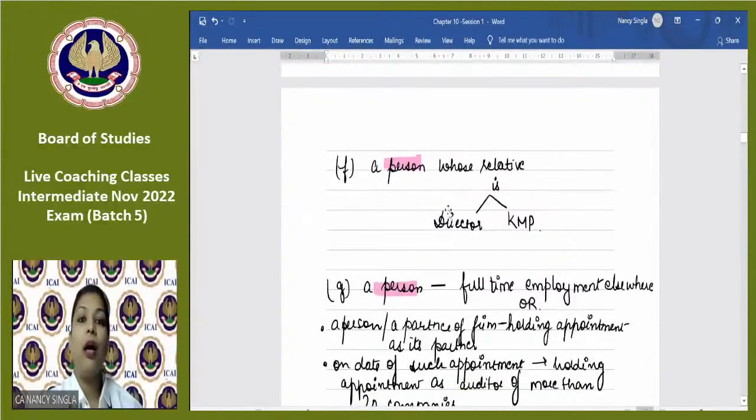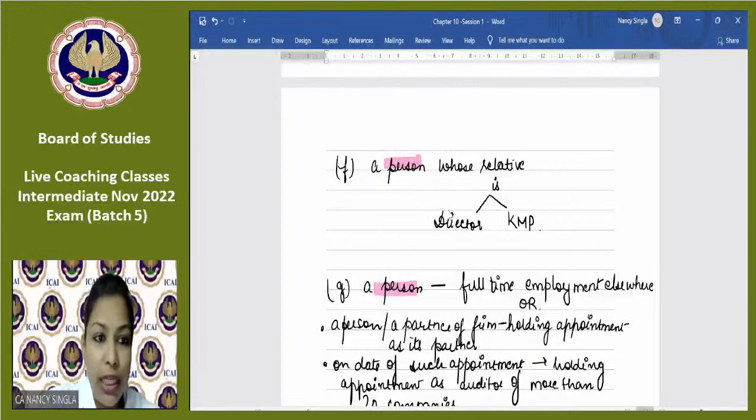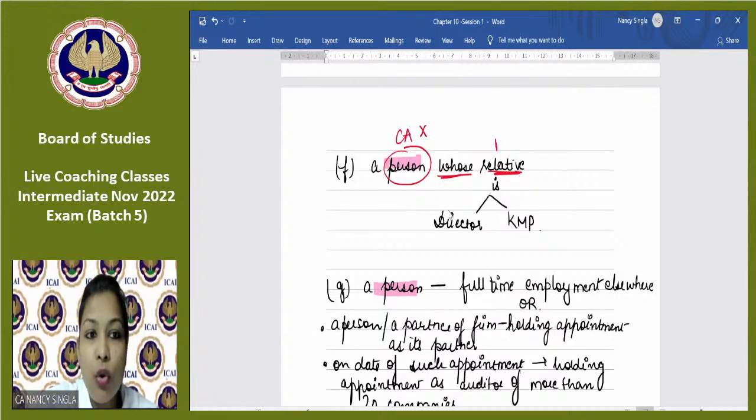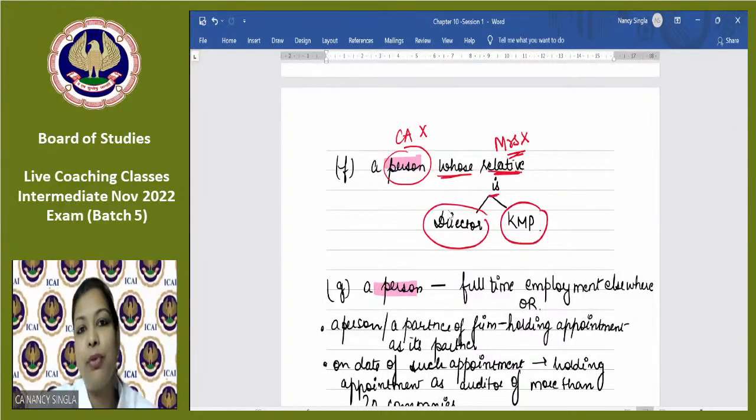So, a person is not eligible to be appointed as an auditor of the company if the person whose relative, so CAX, whose relative, for simplification I am taking Mrs. X, otherwise father, mother, sister, brother, stepfather, stepmother, सब कुछ included है, is a director or KMP of the company. ठीक है.